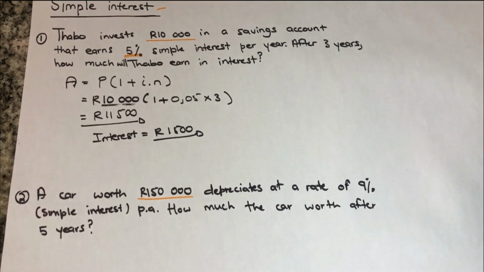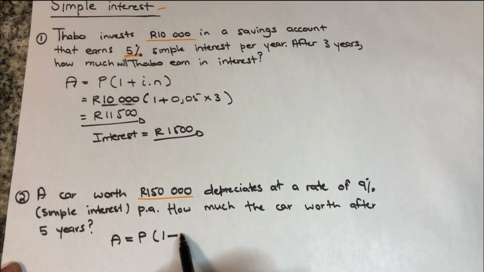So when it decreases, we're going to use this formula: A is equal to principal amount times (1 minus the interest rate times the number of periods). We use minus instead of the plus sign from simple interest. You have to use this kind of formula when calculating depreciating values using simple interest.